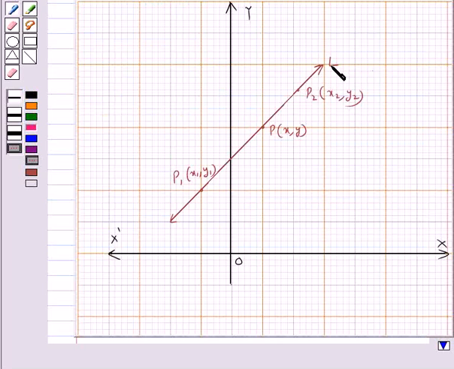Next we have two-point form of the equation of a line. Let this line L pass through two given points P1 and P2. P1 has coordinates x1, y1 and P2 has coordinates x2, y2.